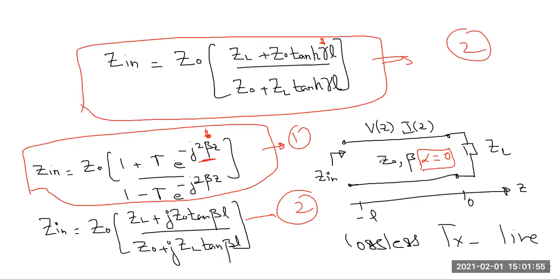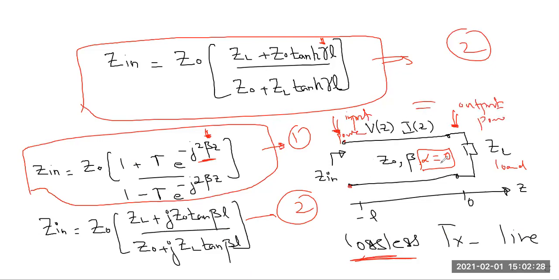Now, for a lossless transmission line, if I'm interested in finding out how much power is transferred to the load, because this is a lossless line, if I find out how much power is available at this point, the same power will be available at the load because there are no losses. So if I find the expression of input power, this is going to be the same as output power or load power.